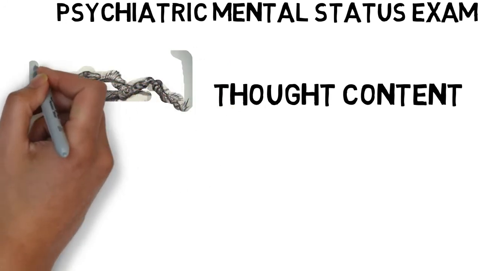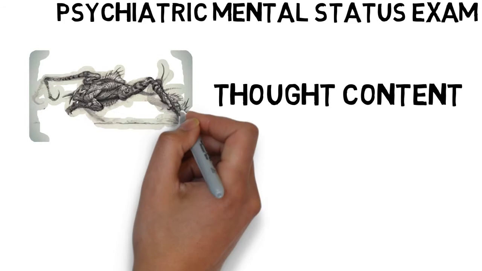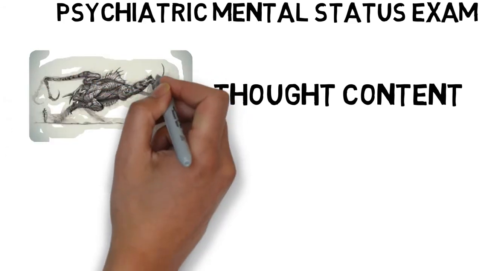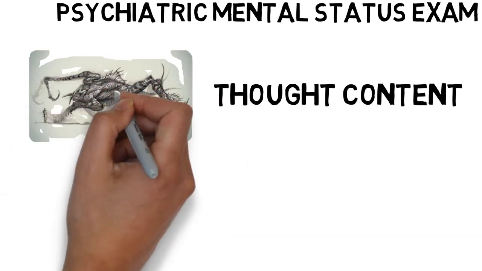So when we look at this, we want to look at what is normal about thought content. So, for example, if someone thinks about funerals 95% of the time, that's not normal thought content. And then there's also thought process disorders.